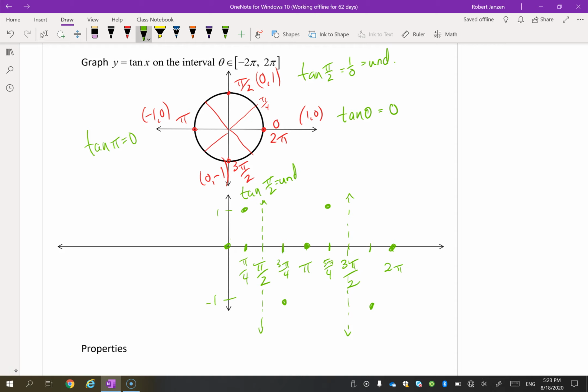Okay, so how to draw this? Well, it's a little bit confusing. Let's look just in between pi by 2 and 3 pi by 2. I can see that I want to go through these 3 points. But what happens when I get past this point? Do I go up like this and approach the asymptote, or do I go down like this and approach the asymptote? Okay, well, the graph actually looks something like this.